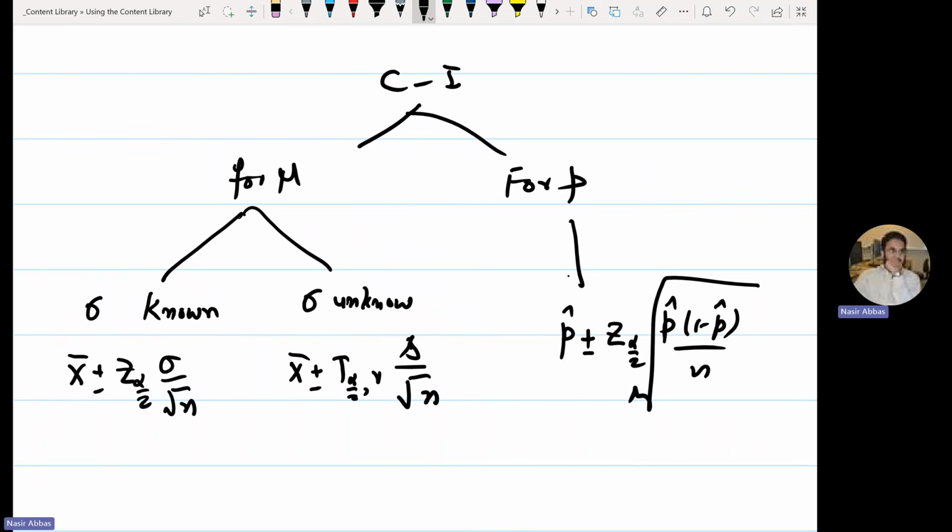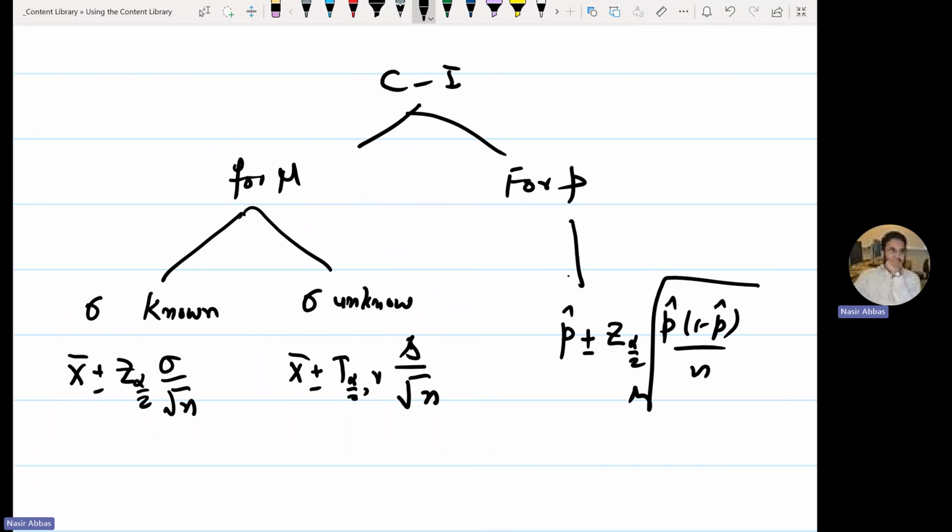Three cases. So first identify whether the confidence interval is for mean or proportion. If it is for mean, two cases. If it is for proportion, forget about any cases. It's a simple single formula. For mean, check if the population standard deviation is given or not. If given, use Z-based. If not given, use T-based.